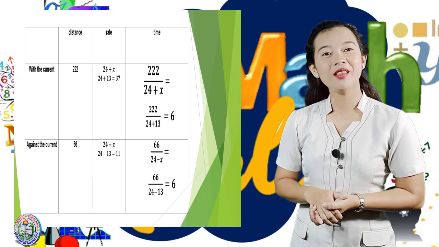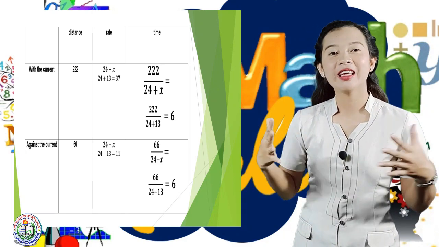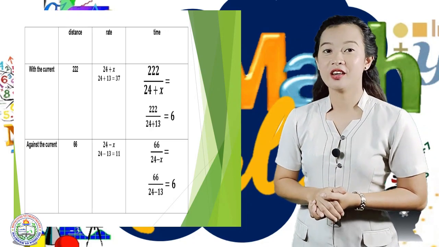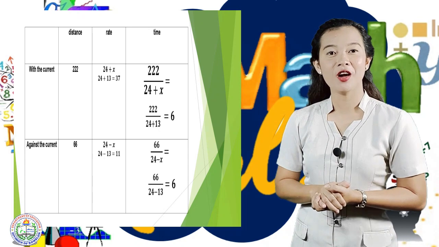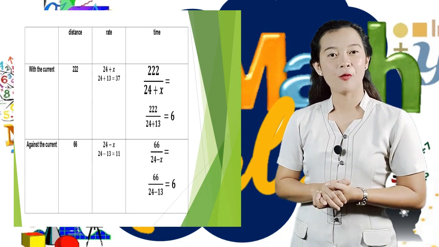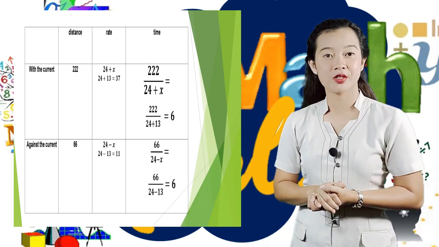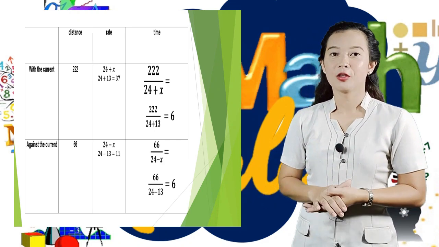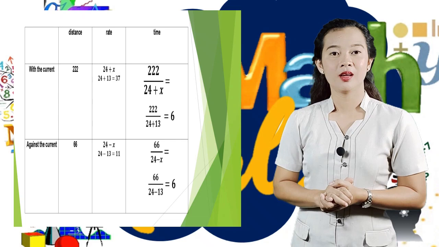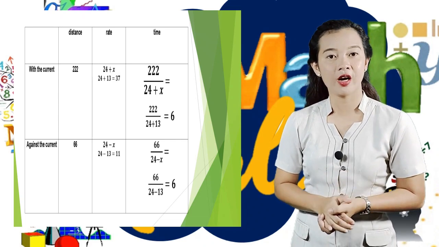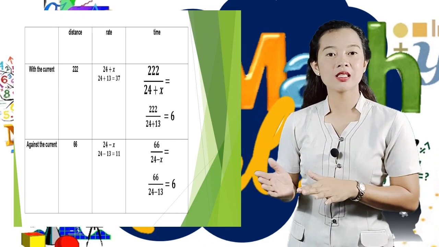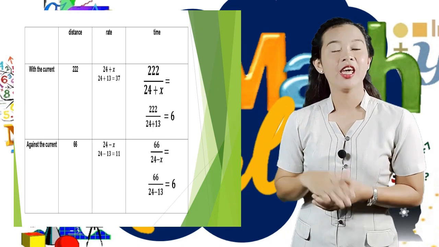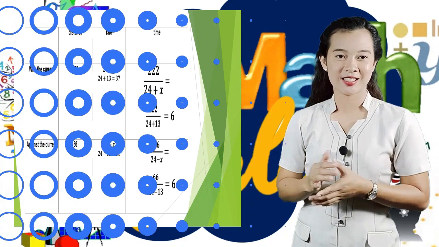Now, when the ferry traveled against the current, the distance is 66. The rate is 24 minus x equals 24 minus 13 equals 11. To find the time, 66 all over 24 minus x equals 66 all over 11 equals 6.